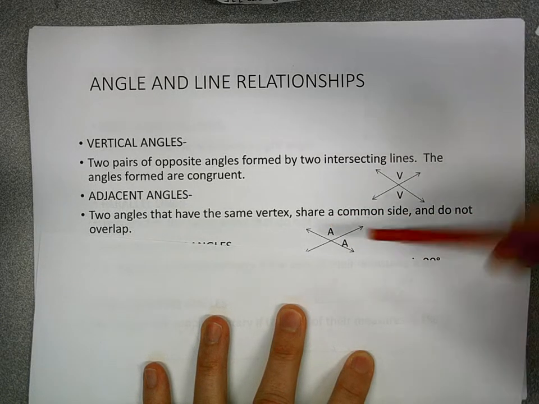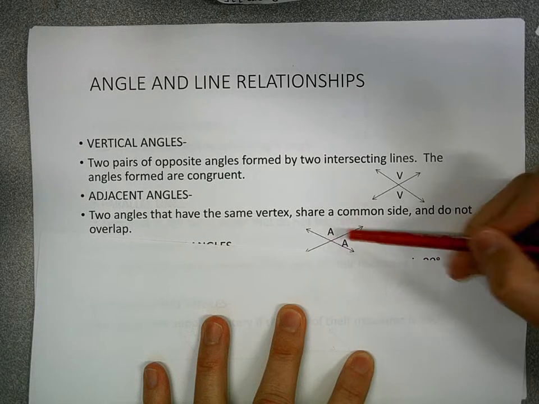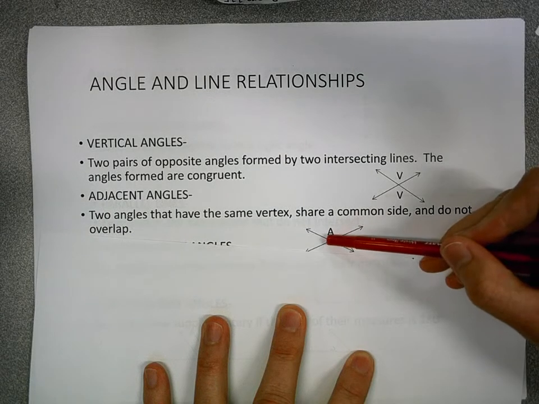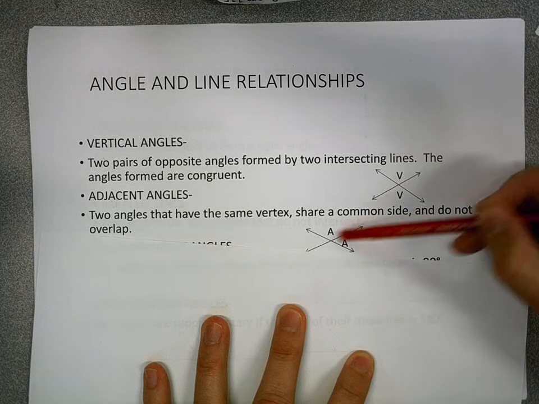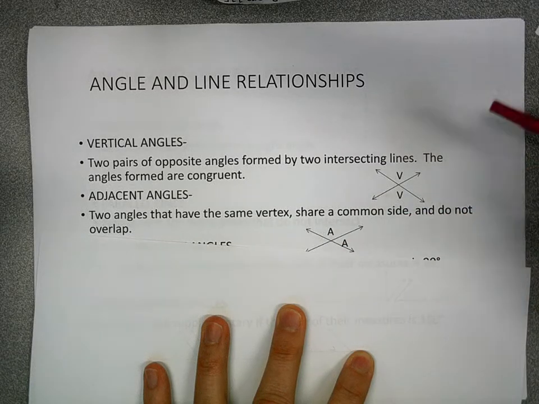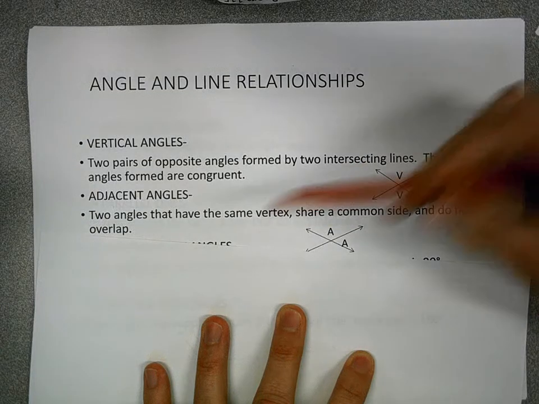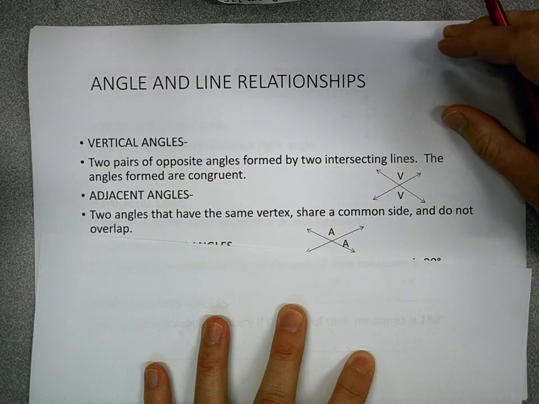However, adjacent angles have the same vertex, so they share that point right there. They share a common side, so it's like they're neighbors. And it says they do not overlap. So just side-by-side angles that follow those three directions are adjacent angles.